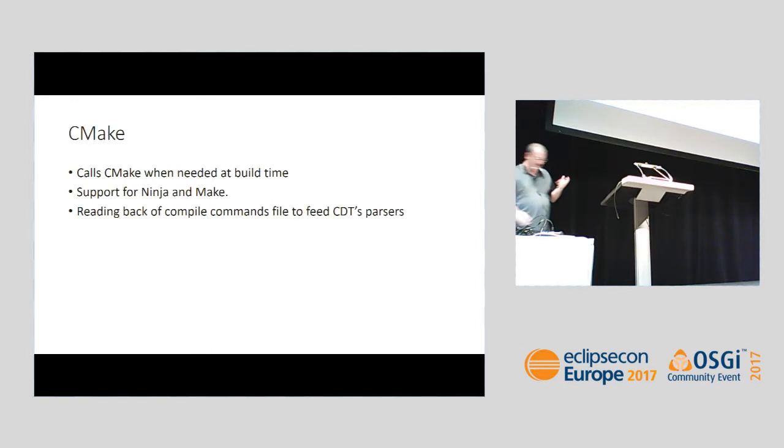So the next thing I want to talk about is CMake. And CMake is a really powerful build system. It generates make files, but what it really allows you to do is create projects that have multiple different build artifacts. So you can have sets of libraries, sets of applications that use those libraries, and you can set up dependencies between those. And CMake generates a make file that will take care of all that for you.